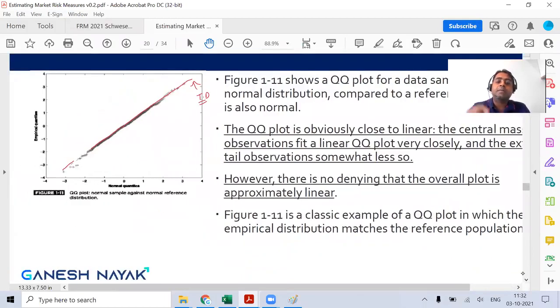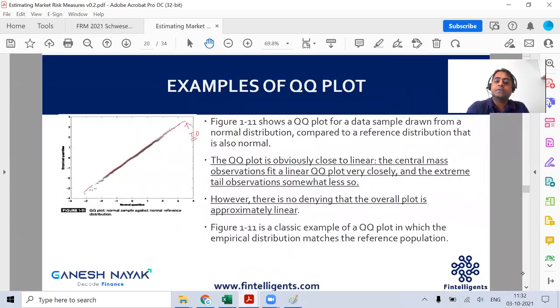These dots are the actual data of the distribution, the empirical data, and we are trying to map it. Can we see that it is exactly falling on that straight line? When it is exactly falling on the straight line, that essentially means my actual data and my assumed data match. Okay, read this entire paragraph.